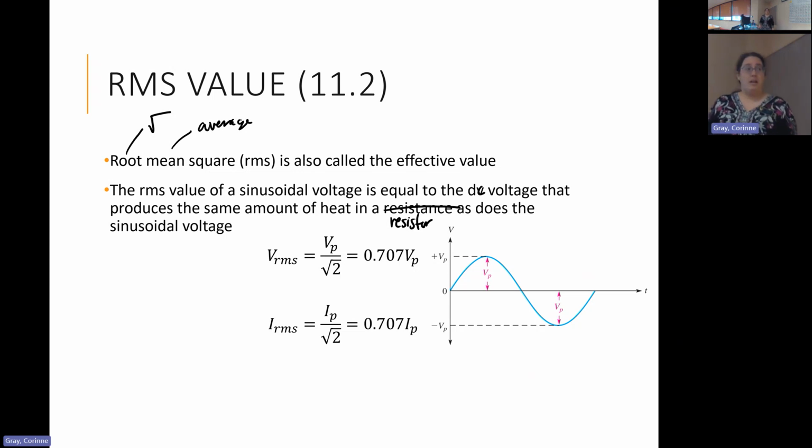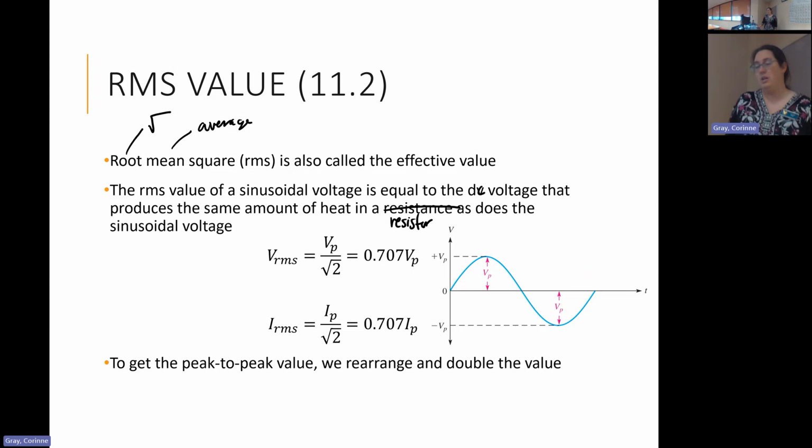Something that you can get from this RMS value is you can also use it to find the peak to peak. I find this a very awkward piece of information to get from this equation, because if you have the peak value, you just multiply it by 2 anyway.